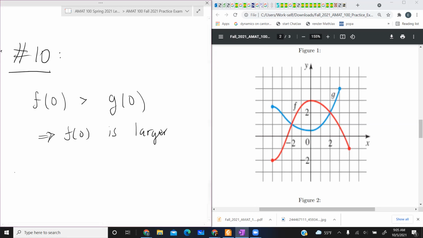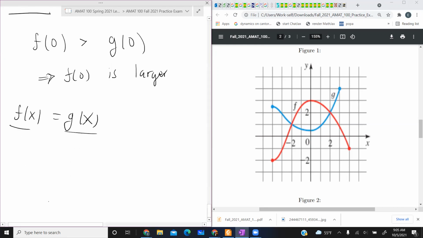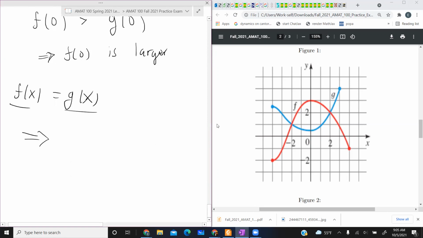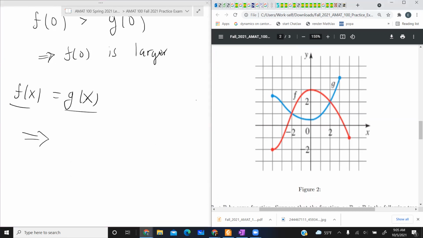So we want all the points where the graph of f intersects the graph of g. If you look at the graph, it's clear that they intersect at -2 and 2. Just by inspection, they intersect at plus or minus 2.